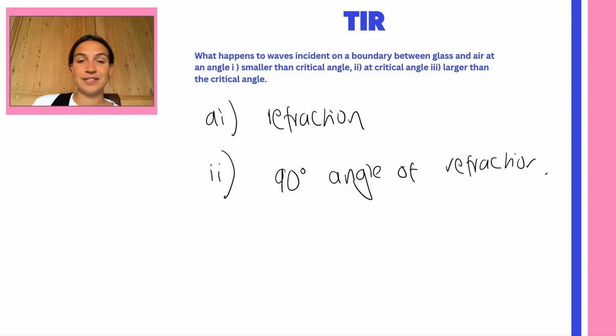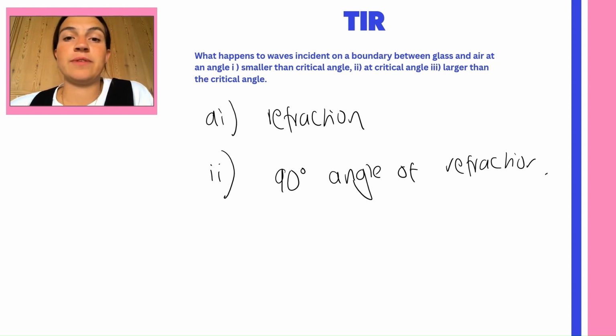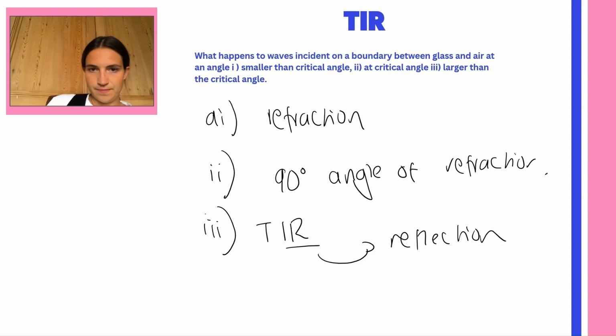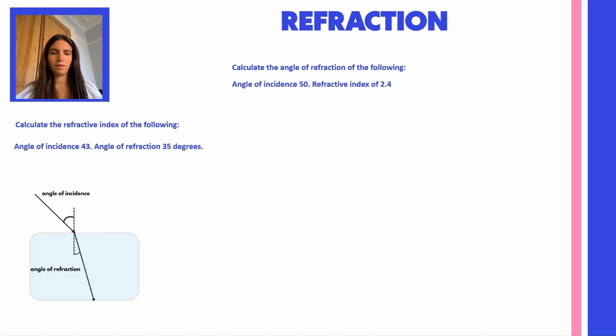If it's at the critical angle, you will still get refraction, but now your angle of refraction will be 90 degrees. That is the definition of being at the critical angle. And last one, if you have a larger angle of incidence than the critical angle, that's when you get total internal reflection. So that's when you get your ray reflected back into your glass.